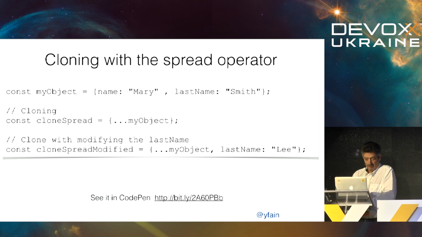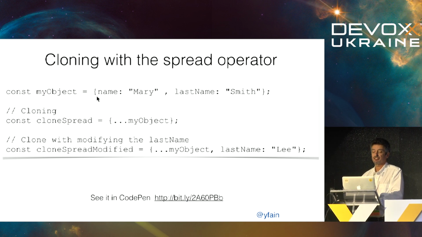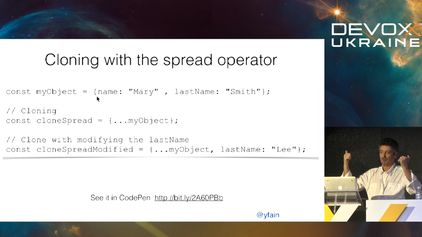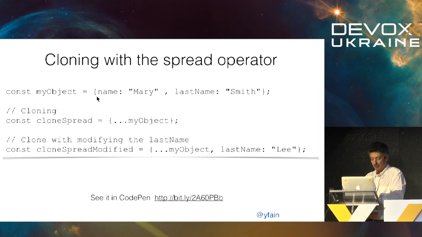Let's take a look. I have an object, my object. By the way, in JavaScript, you can create an instance of the object using so-called object literal syntax, curly braces, instantiate an object, and then whatever I put inside. So the first line creates an instance of an object with two properties: name with the value Mary, and last name with the value Smith.